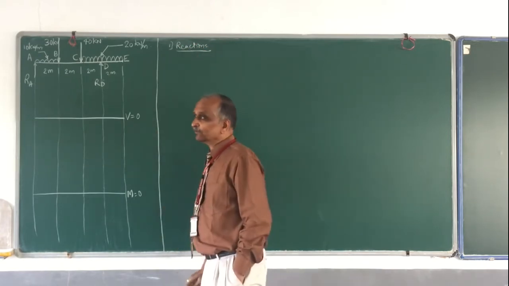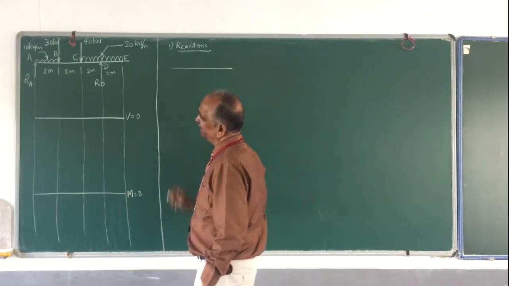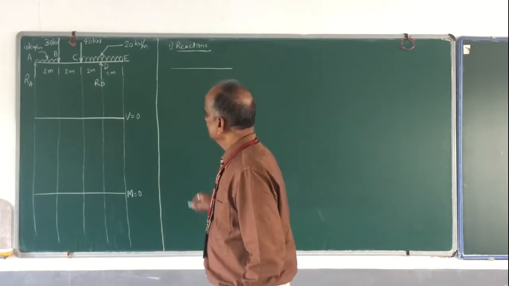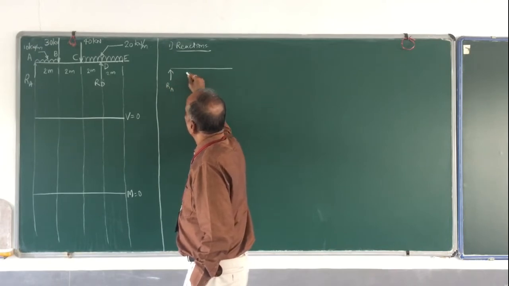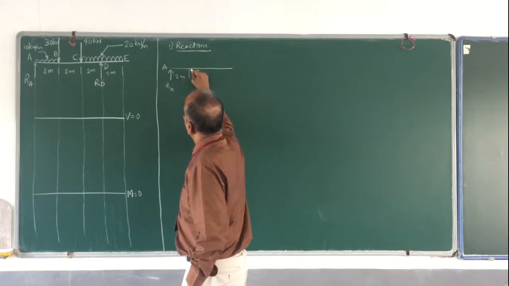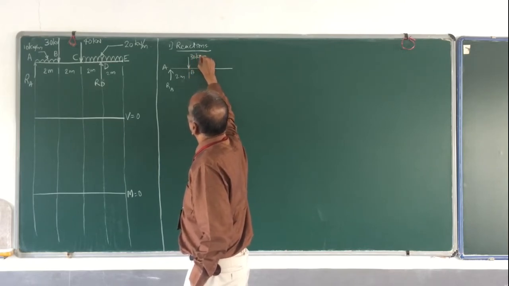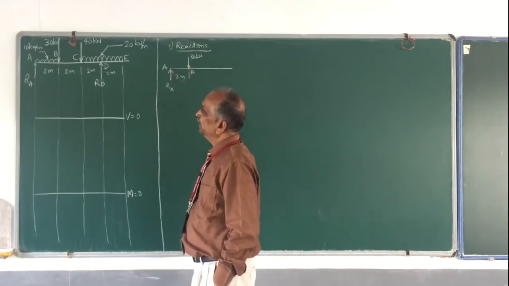For the sake of finding out reactions, I shall draw one more diagram where I shall replace all UDLs by point loads. Say this is RA, then this is 2 meters in between, this is A and this is B, and this is where I have a point load, 30 kilonewton. And between this A and B I have UDL.